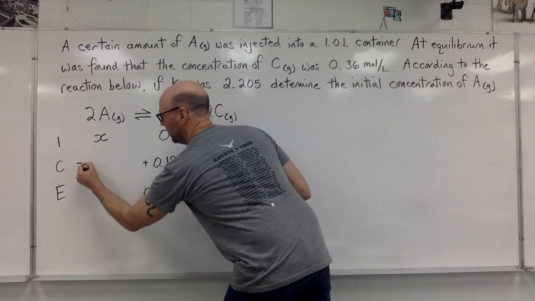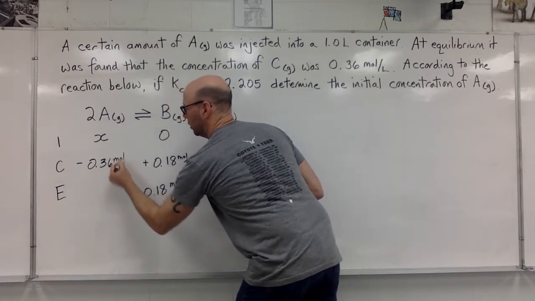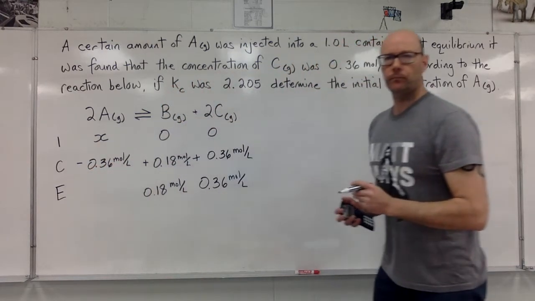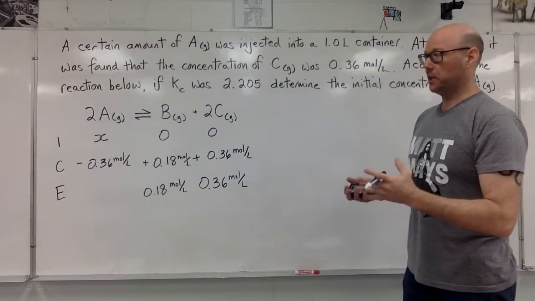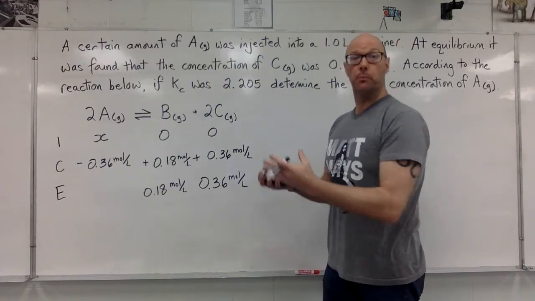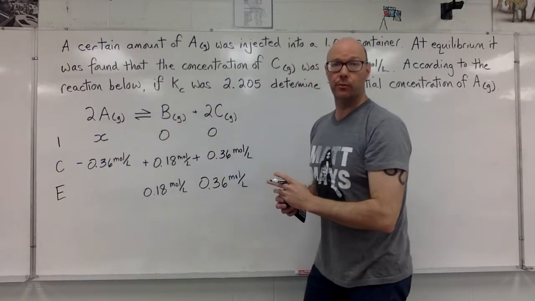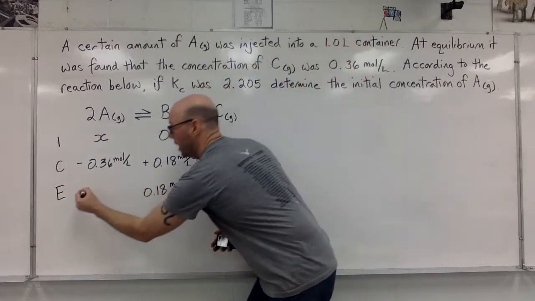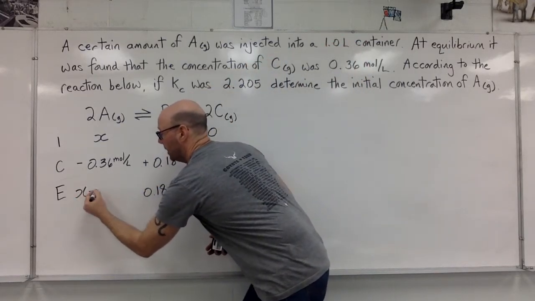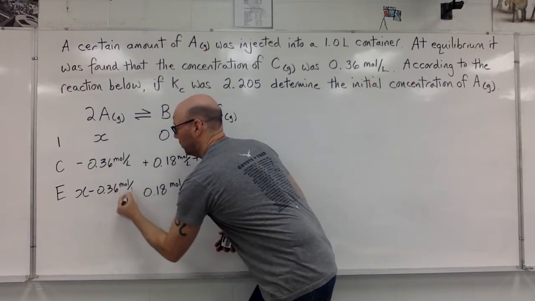This is going to be negative 0.36 moles per liter. To fill in the E part of the line here, we can't say for sure what the number actually is, but we can do this operation. X minus 0.36, that equals X minus 0.36 moles per liter.